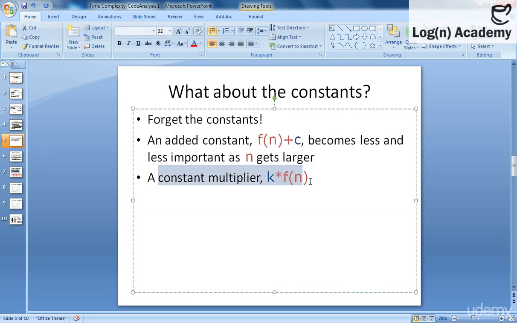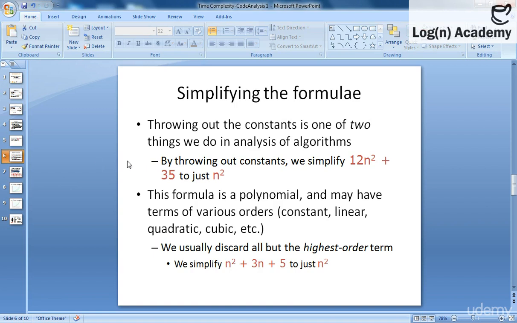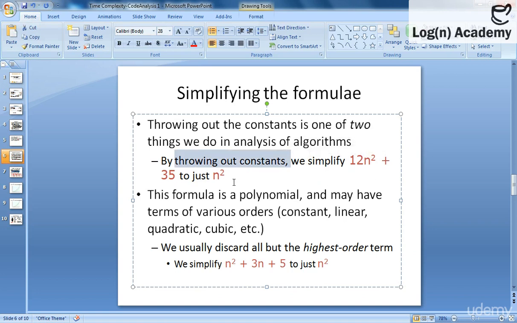So the constant multiplier will become insignificant. Simplifying the formula: by throwing out the constant, we will simply say the cost of this piece of code or this algorithm is n square. If this is the cost of some algorithm and we simplified it, we will say the cost of this algorithm is n square.